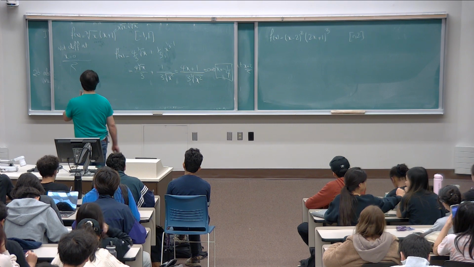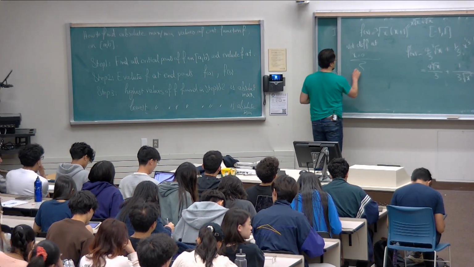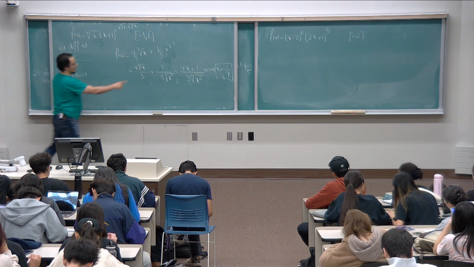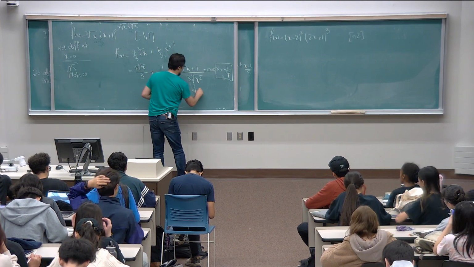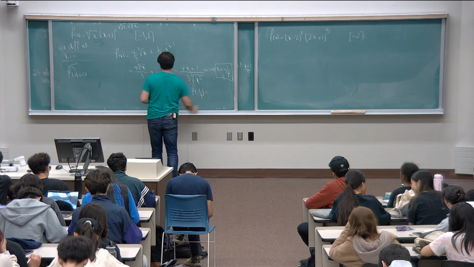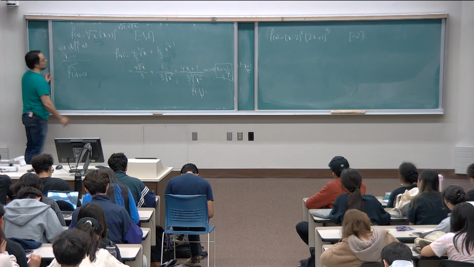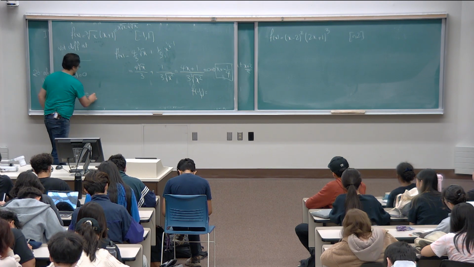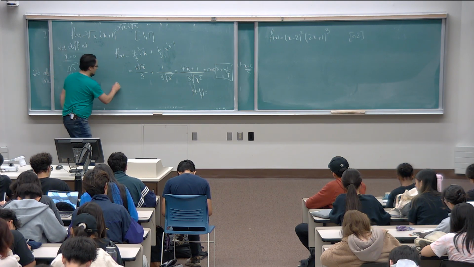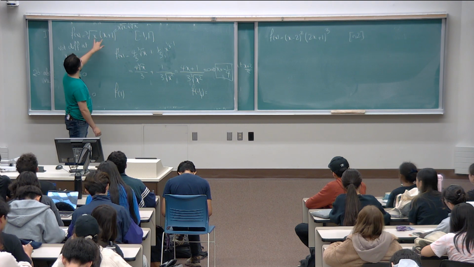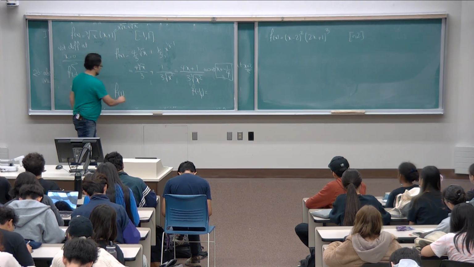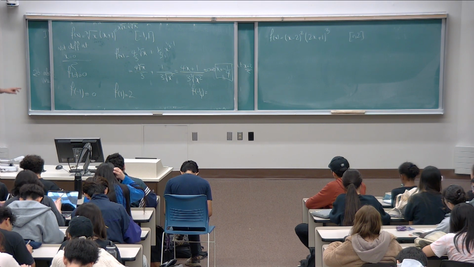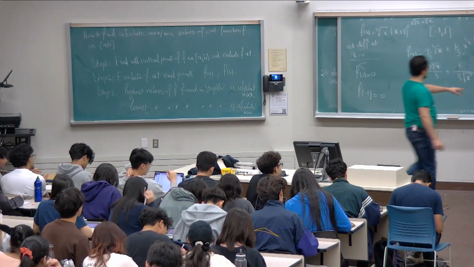Now we have to evaluate f at 0, which is 0. F at negative 1 over 4, I don't know what is that. We will figure out that one. F at negative 1 is 0. F at 1 is, this is 1, this is 2. So this is 2. What about f at negative 1 over 4?